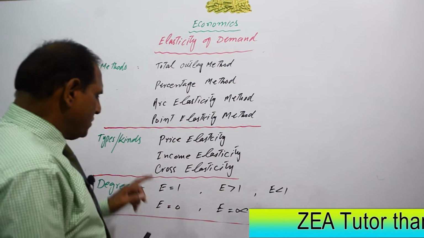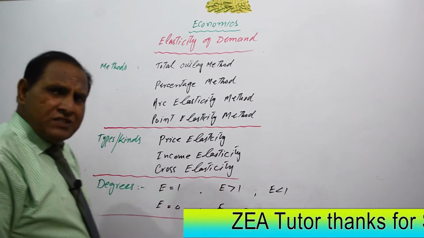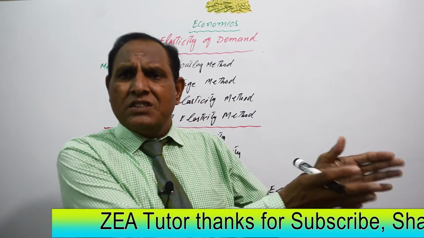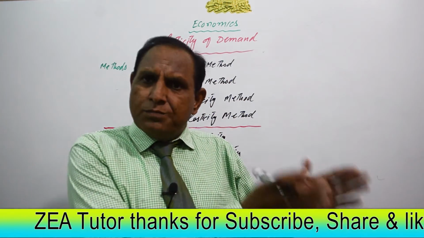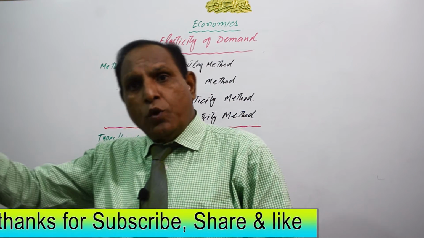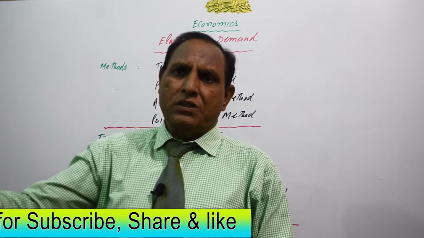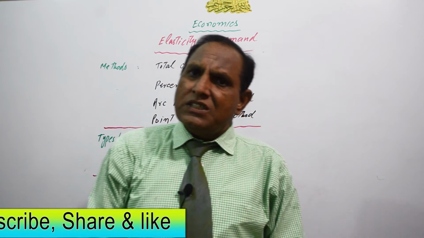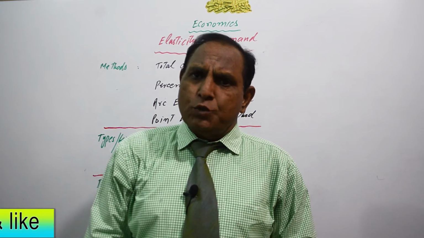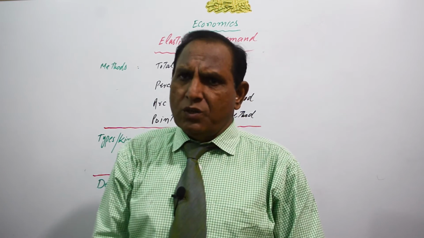Number three, cross elasticity of demand. Sometimes there is a change in the price of one commodity, but as a result there is a change in the demand for other, related commodities. We may say substitute goods, complementary goods, supplementary goods.